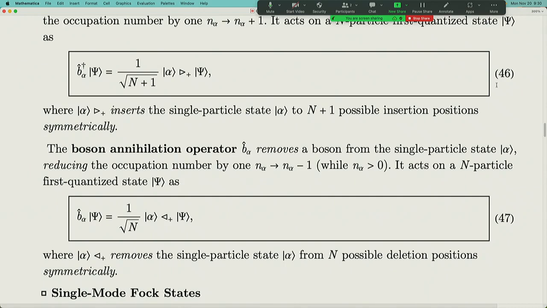And then it does all these matches, and you count how many possibilities you have to remove alpha from, for example, a 3-particle state. Suppose I have a 3-particle state labeled by beta 1, beta 2, and beta 3. Then I first compare alpha with beta 1. If that matches, I get this term. Or I try to match alpha with beta 2.